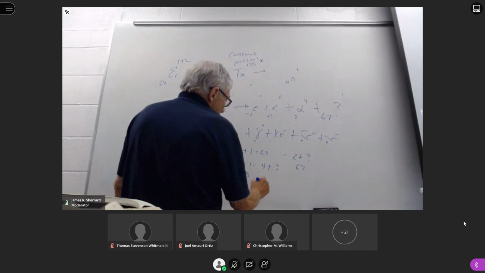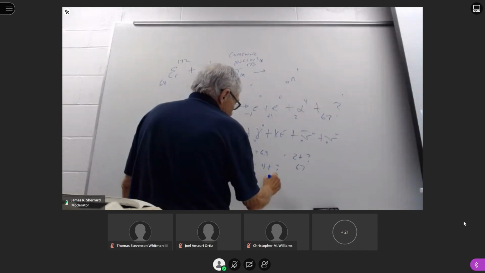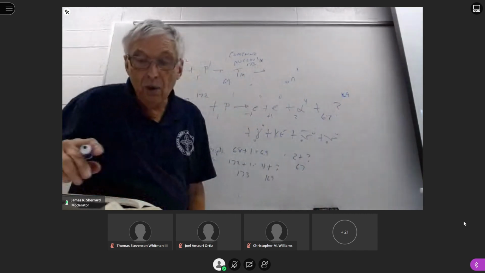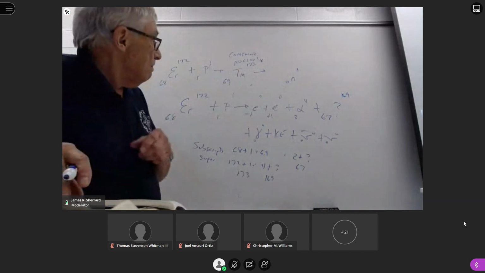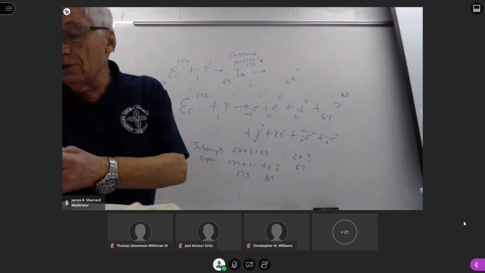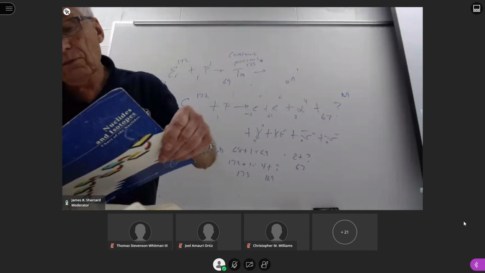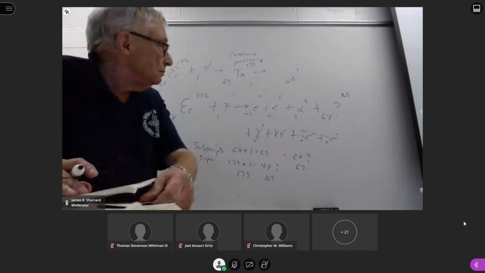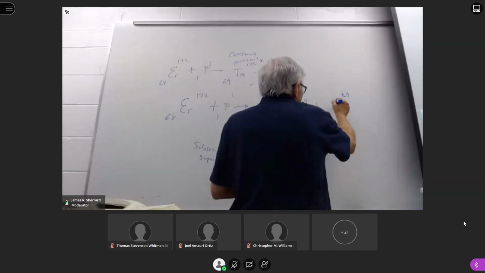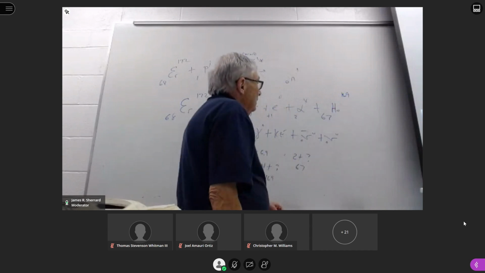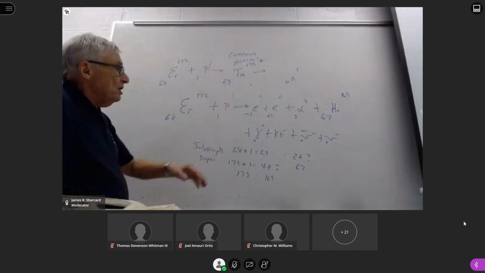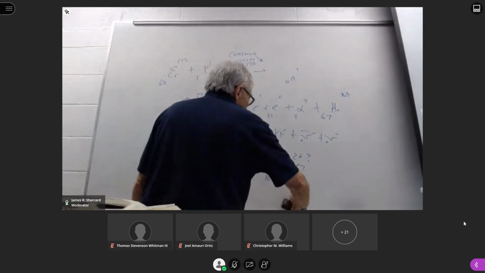So 173 has to equal, this would be 169. So again, we said that that was Ho, which is holmium. So this is this particular isotope of holmium. This is our complete reaction equation.